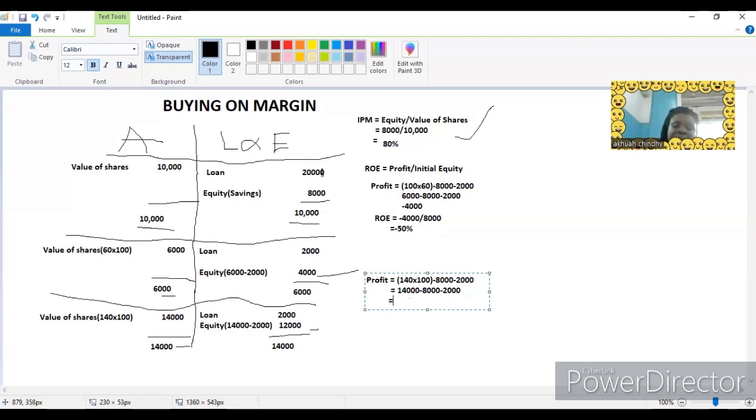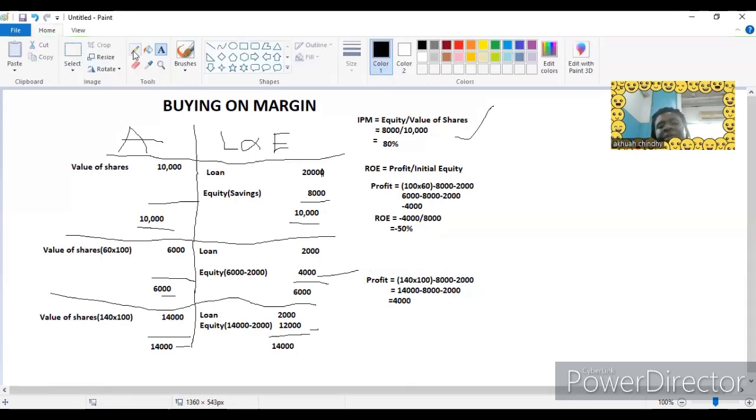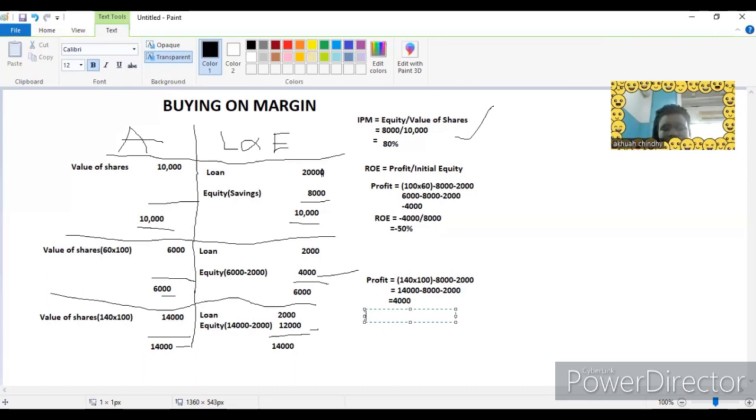So we get 4,000. So 4,000 is our profit. Remember to bring the currency sign, the dollar, cedi, euro, whatever. Okay, so we make a profit of 4,000. Then we can find our return on equity. So our ROE will be the profit over the initial equity.